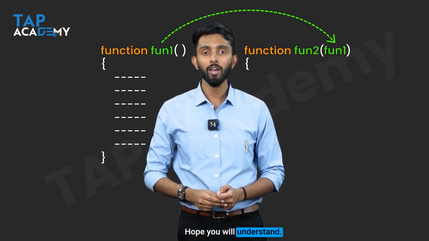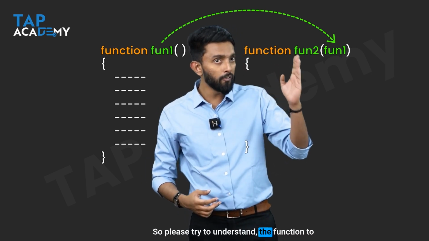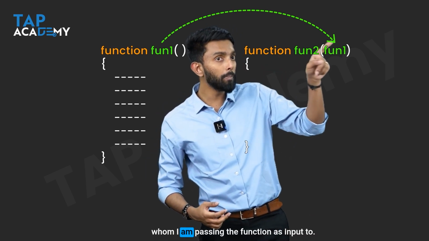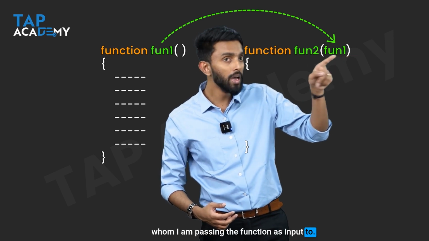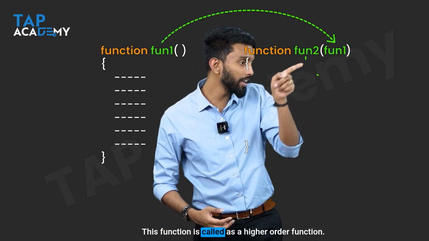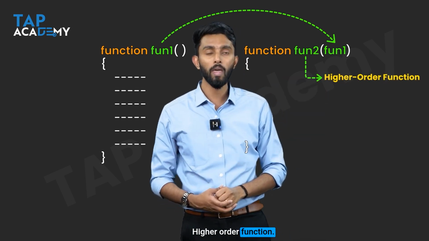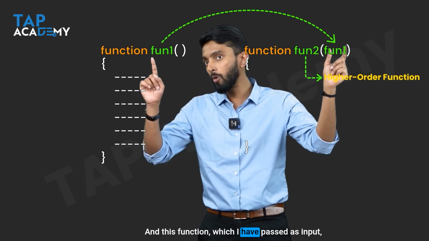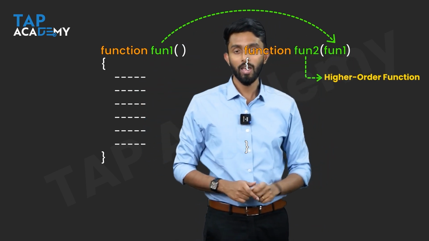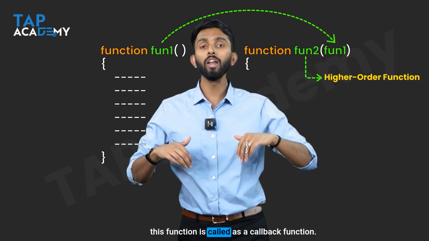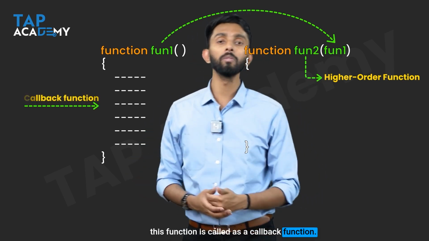Are you able to understand? So please try to understand the function to which I'm passing the function as input. This function is called a higher order function. What is it called? Higher order function. And this function which I've passed as input is called a callback function.